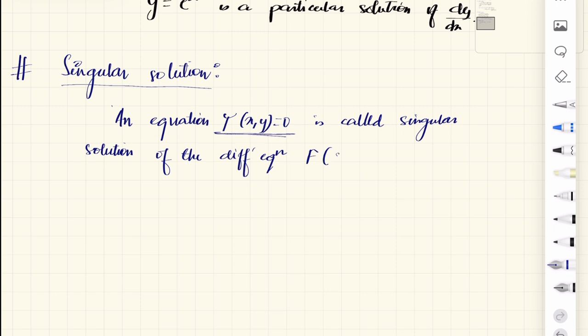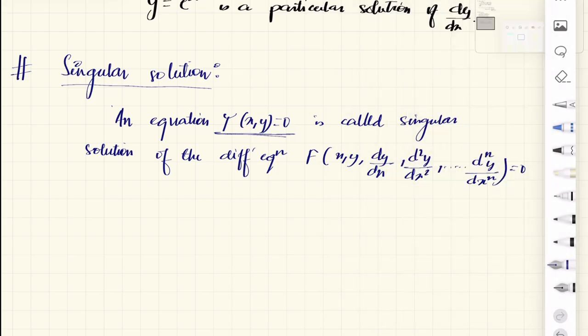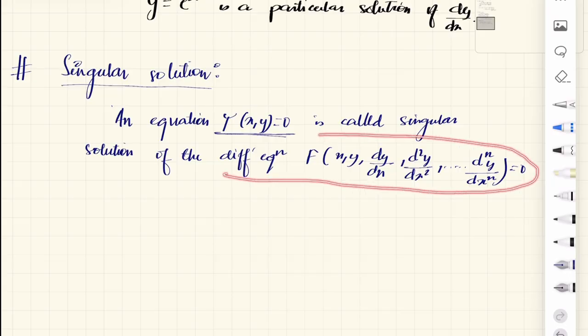The function of x, y, dy by dx, d square y by dx square, and it goes on, d to the power n y by dx to the power n, equal to 0. So which one is the differential equation? This is the differential equation. So this equation will be called a singular solution for this differential equation.